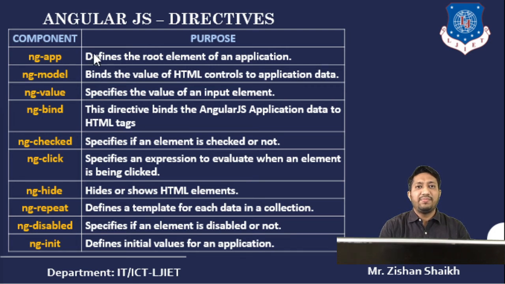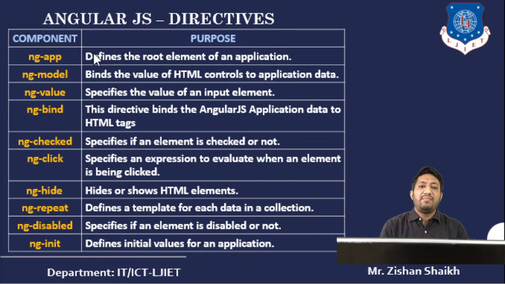First is ngApp. When we are creating any application, we have to define the scope, from where to where in my HTML page I want to implement my AngularJS part.